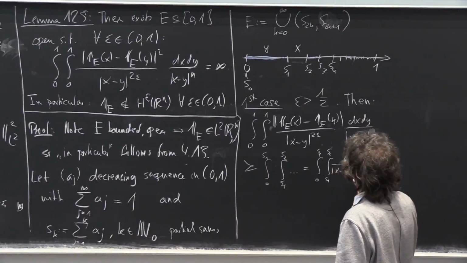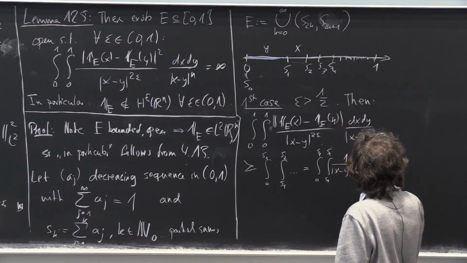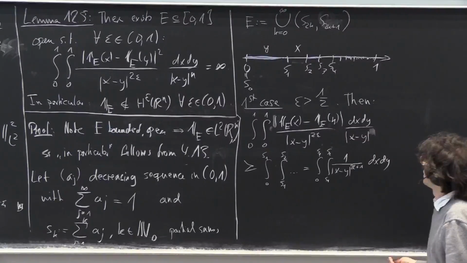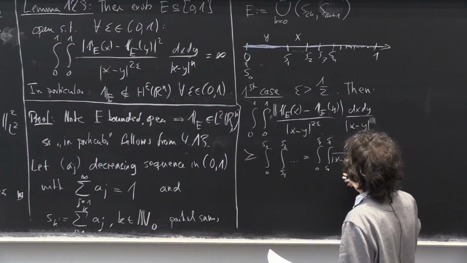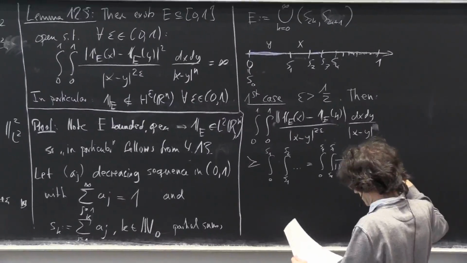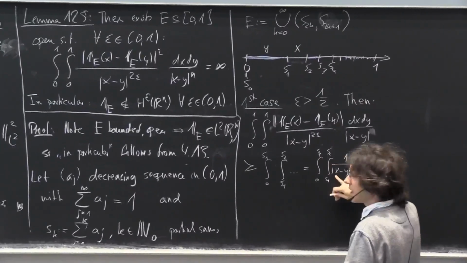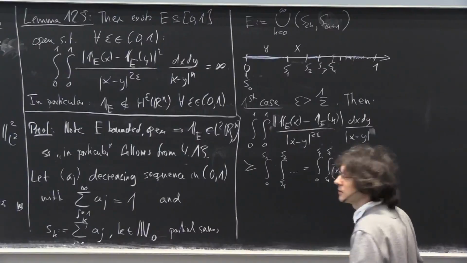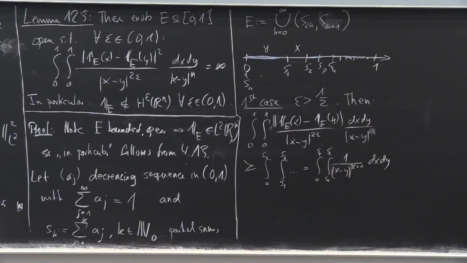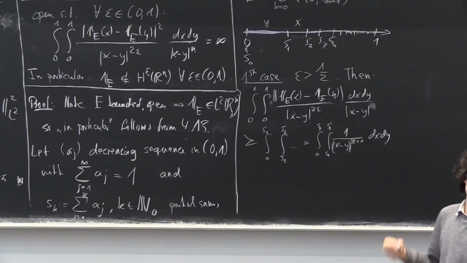And then you have 1 over |x minus y| to the 2 epsilon plus 1, dx dy. And you even know that x is larger than y, so you can even take out the absolute value and use normal parentheses. Okay, and now you can just integrate.